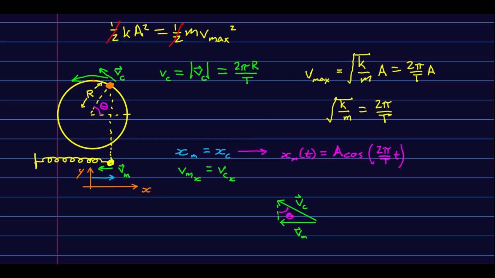So what that shows you is if you think about the length of this line, so just Vm magnitude, it has to be the magnitude of Vc times, and it's the opposite to this angle, so it must be sine of theta.